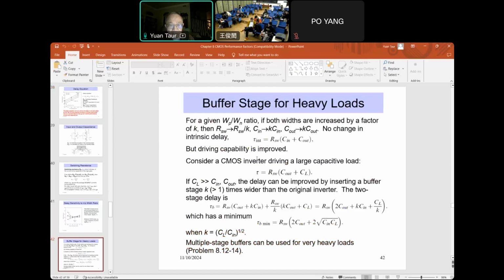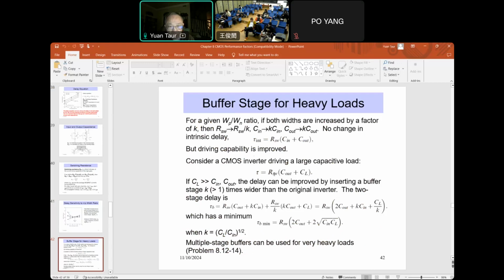in that case, we add a so-called buffer stage between the initial inverter and the final large load, like in this case. So consider a small CMOS inverter driving a large capacitive load. In this case, CL is very large, but R switch is large because the CMOS inverter is small. The width is small, then the current is small, which means R switch is large.